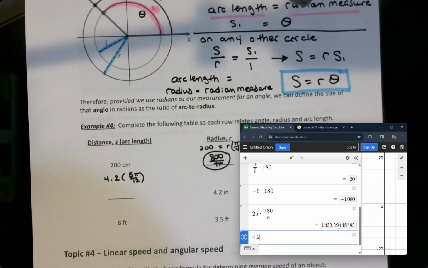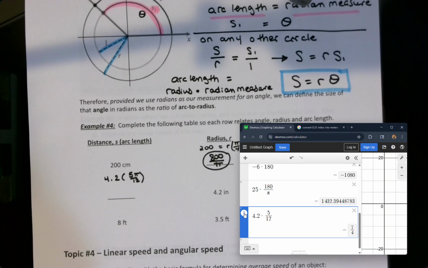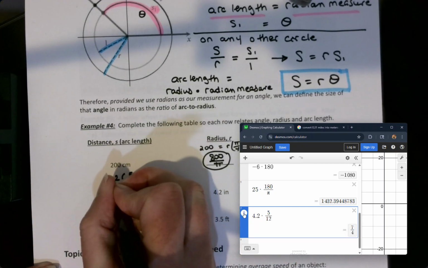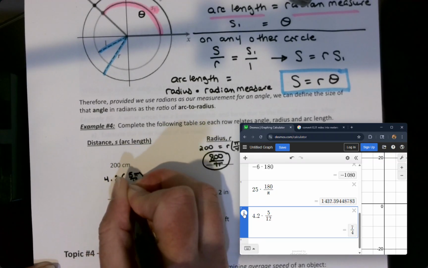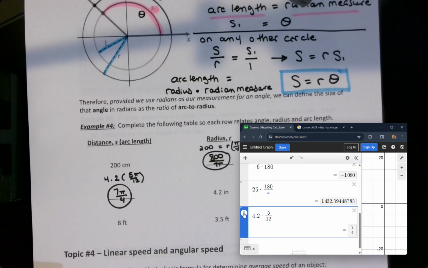So I'll take 4.2 times 5 12ths, and that comes out as 7/4 or 1.75 times pi. So the arc length is 7 pi over 4, or 1.75 pi. We use fractions a lot in terms of radians, so I'm going to keep it as the fraction.